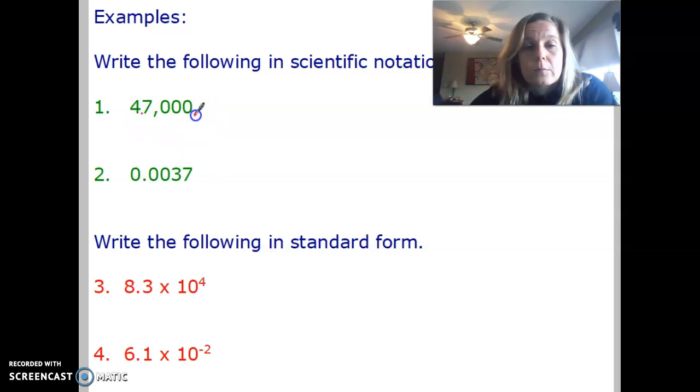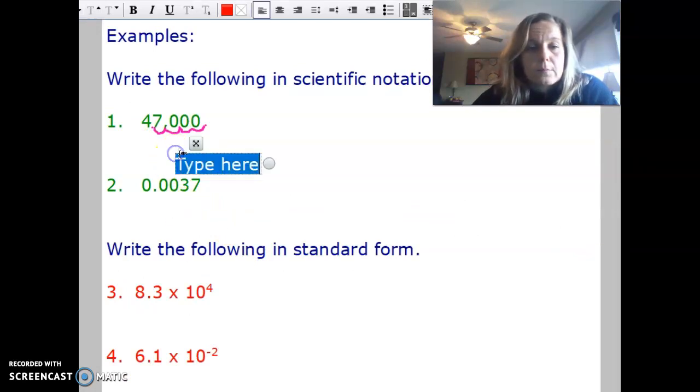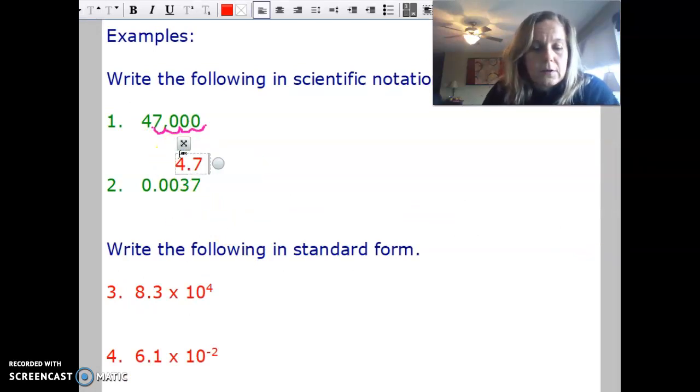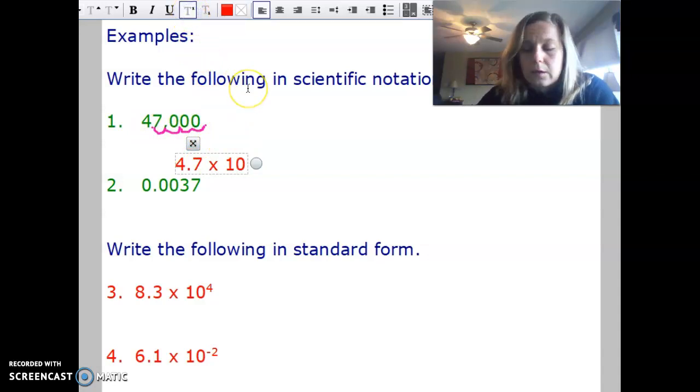So we know we're going to move it 1, 2, 3, 4 places. So that means we would have 4.7 times 10. And since our number is bigger than 1, we know our exponent would be a positive 4. Now, if we look at the second one, we're moving the decimal backwards.